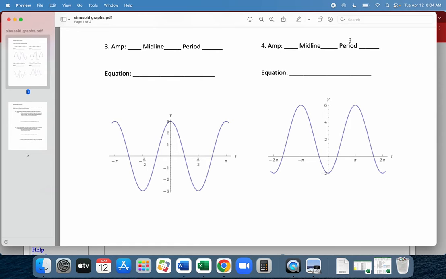So the period, last major ingredient of this. Sometimes it's hard to see a full period, like maybe it's from there to there or something. If you want to look at half a period, as long as you realize you're doing it, if you want to look, oh, well, here's the bottom of a curve and here's the top of a curve, that'd be half of a period.